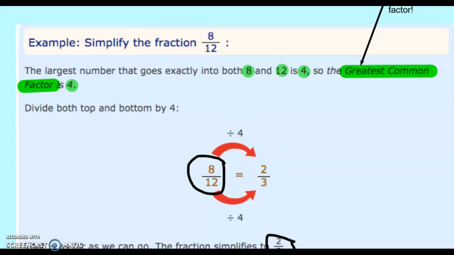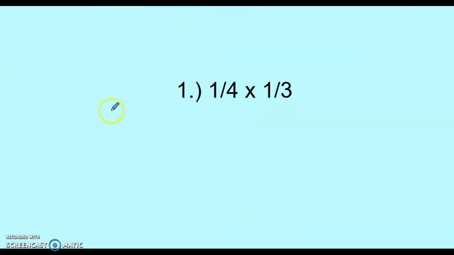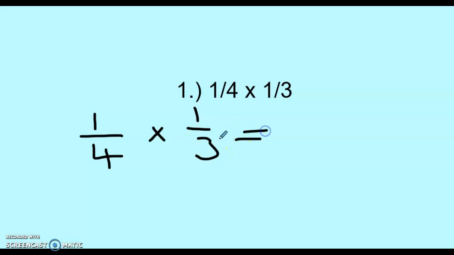Let's just try one together. So here we have 1/4 times by 1/3. The first thing we do in our steps to success is we times the numerators, the top numbers. So we do 1 times 1. 1 lot of 1 is 1.